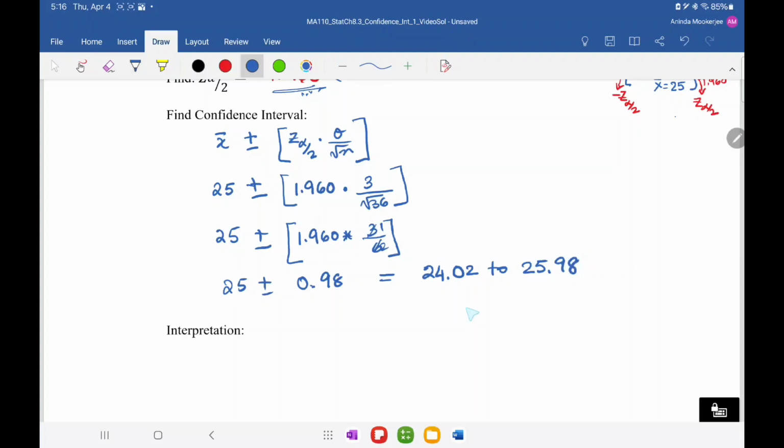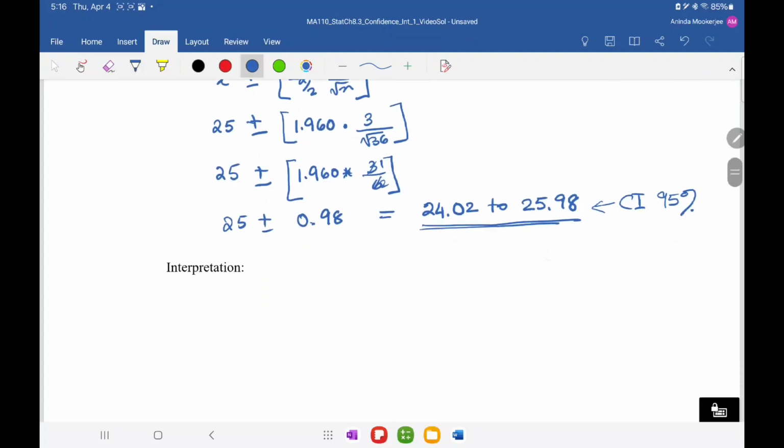All right, so this is our confidence interval, a 95% confidence interval. Okay, so we found the endpoints of our confidence interval. Always make sure you write the lower end of the interval first, and then the upper end. All right, so lower to upper.